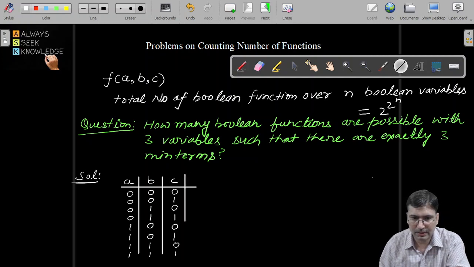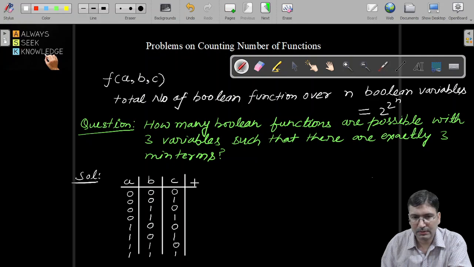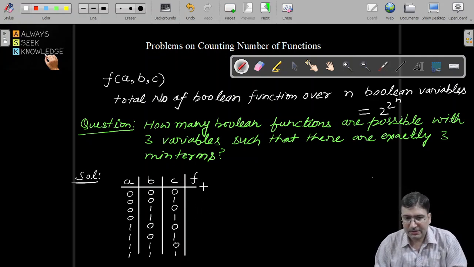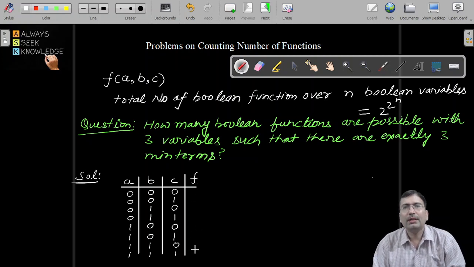Now here we are defining a function, so let's say there is f. Now we are interested in such functions. The total number of functions out of these three Boolean variables we can define is 2 to the power 2 to the power 3, 2 to the power 8. But we are counting where exactly 3 minterms are there. 3 minterms means out of these 8 places, there has to be only 3 places that are high, right?